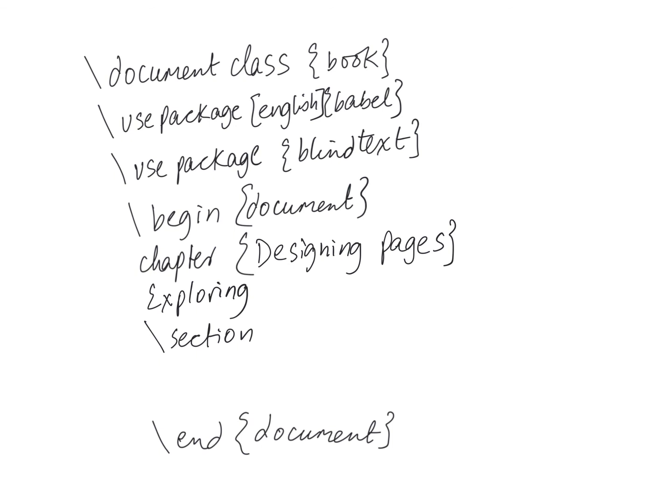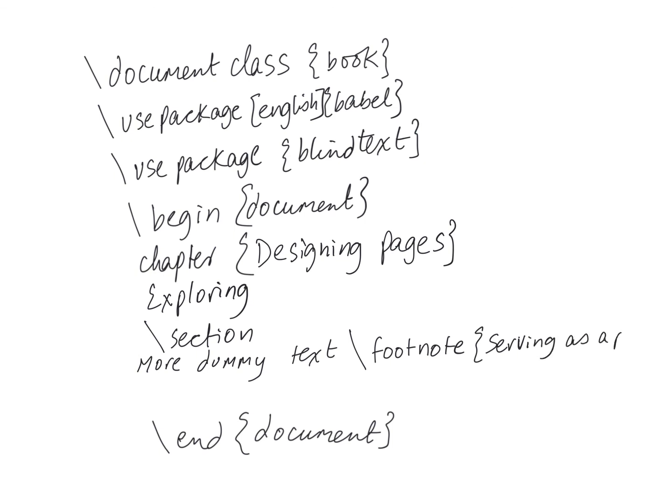And let's say I want to add more dummy text. Now put footnote, and what do you want it to show? Serving as a placeholder. See what happens. And then you could create subsections, you could create more blind text, and then your footnote will appear, if you see. Okay?